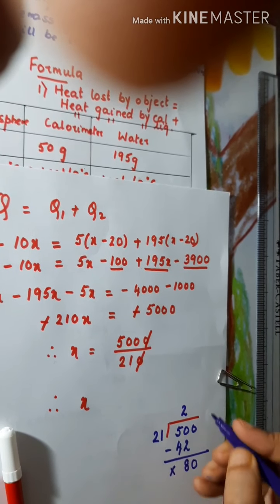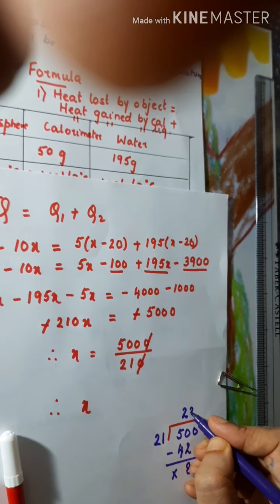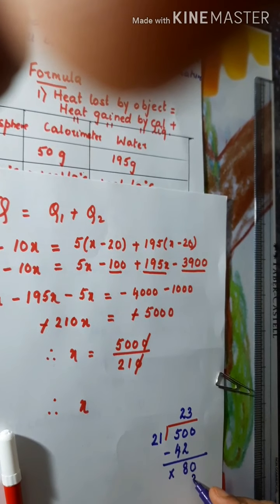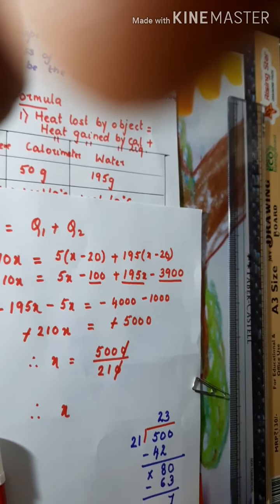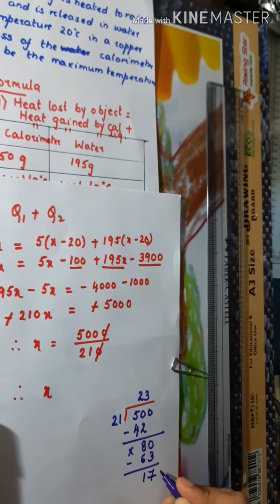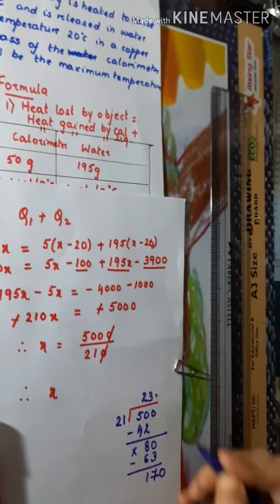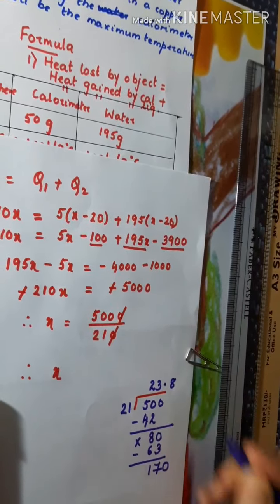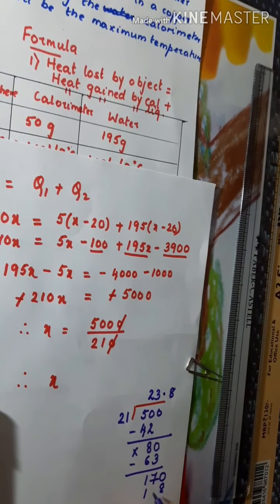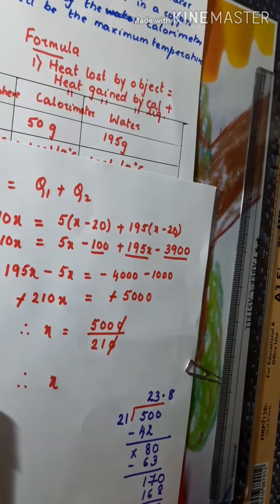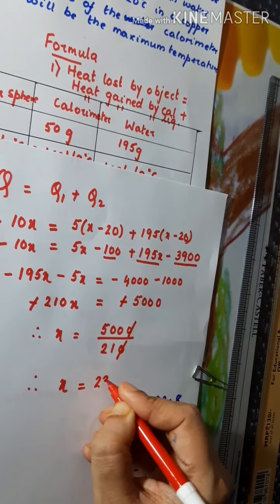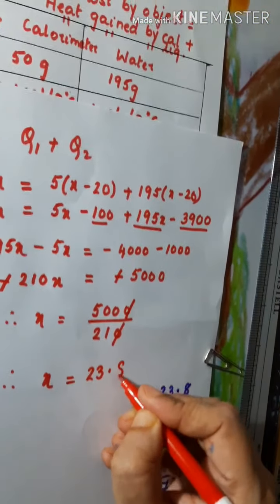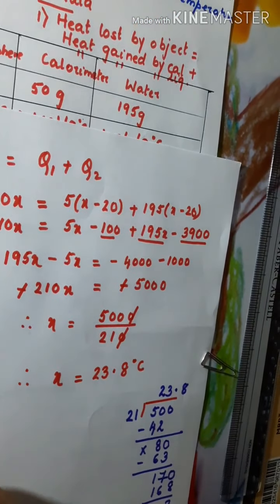Bring this 0 down. 21 3s are 63, 170, 8s are. That's enough. So this is equal to 23.8 degrees Celsius.